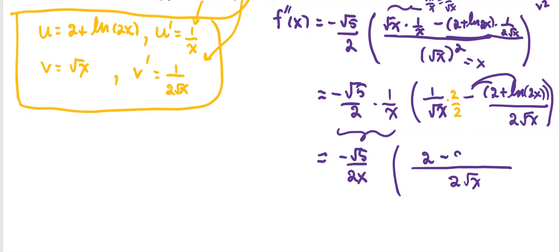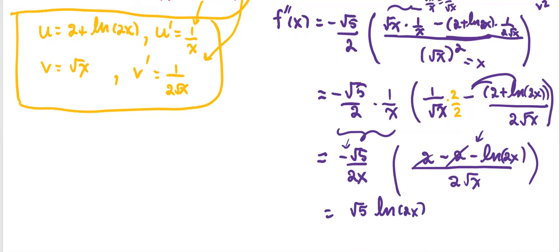So 2 minus natural log 2x, 2 and 2 cancel. Then we have negative sign times negative sign here become positive. So positive square root 5 times natural log of the 2x divided by 2 and 2 becomes 4, and then x multiplied by square root x, as the second derivative in one single fraction form.